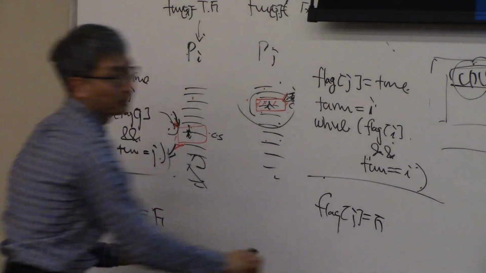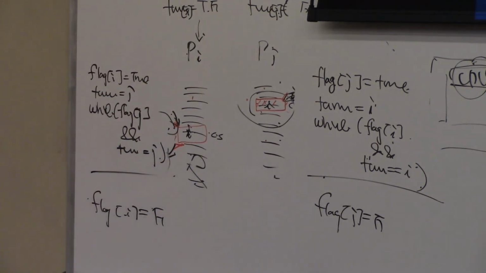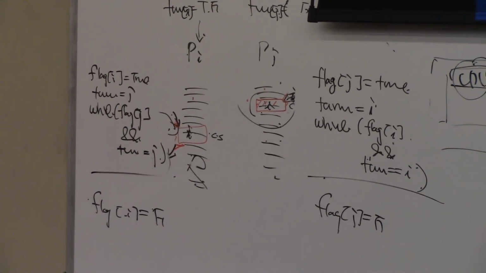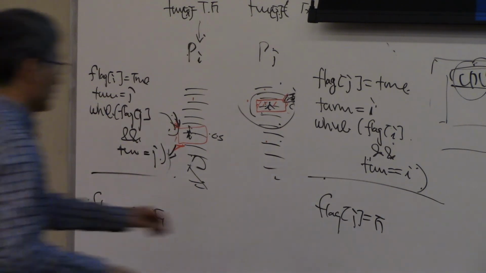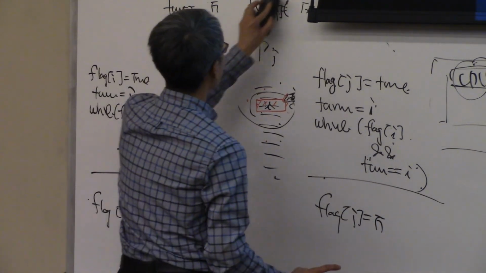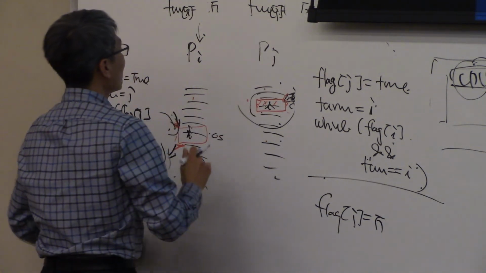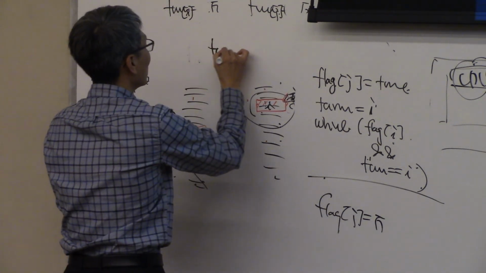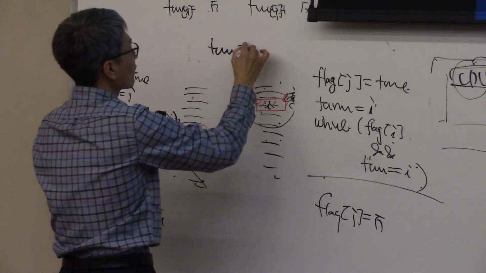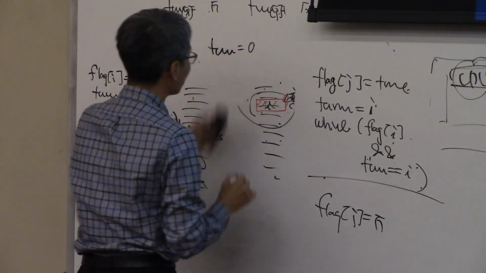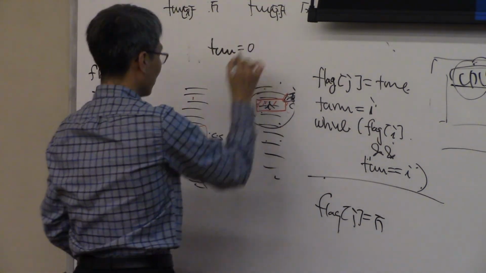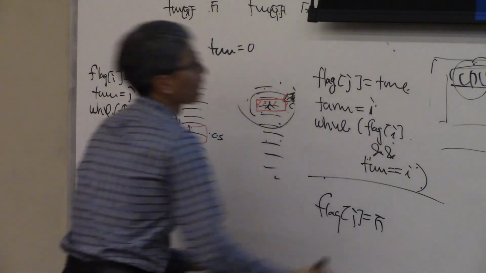So let's see. First, right now, flags I and J are both false. Nobody entered. Then turn is, let's say, a default 0. It's a default value.